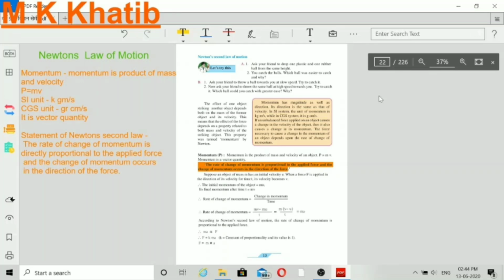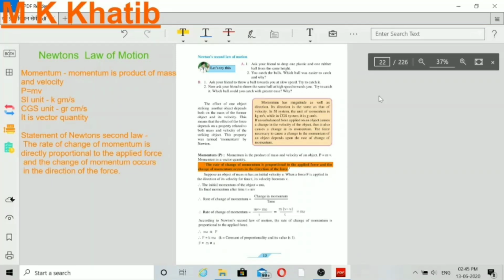The equation becomes P equals mv. Momentum is a vector quantity because it has magnitude and direction. The SI unit of momentum is kg meter per second and the CGS unit of momentum is gram centimeter per second.